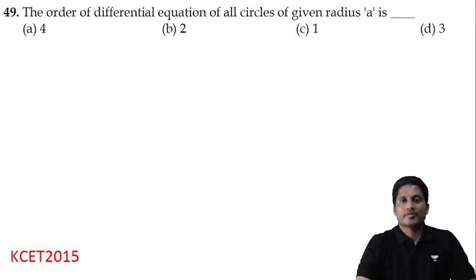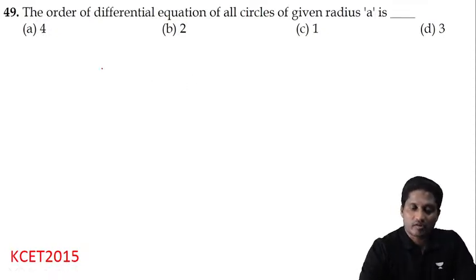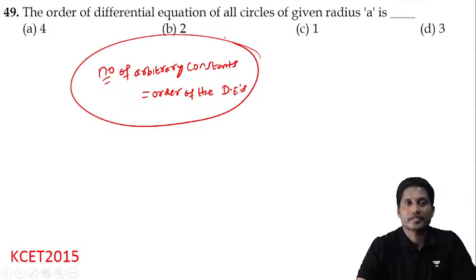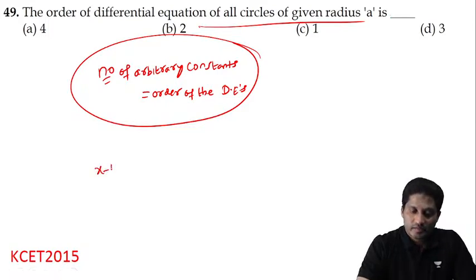The order of the differential equation of all circles of given radius a. The order is actually the number of arbitrary constants. The number of arbitrary constants is equal to the order of the differential equation. All circles of given radius: the equation is (x minus h) the whole square plus (y minus k) the whole square is equal to a square.